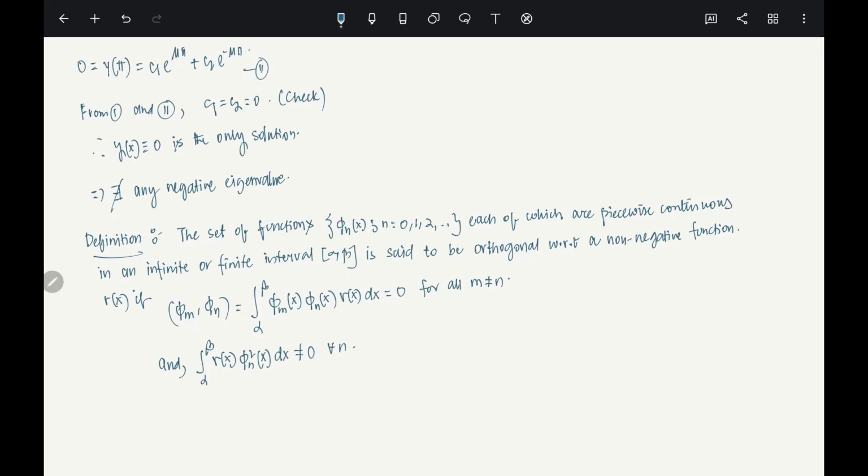If those two conditions hold, r is called the weight function, and we call the phi n set an orthogonal set. If that integral of r(x) phi n square is 1, then we call it an orthonormal set. So, remark.